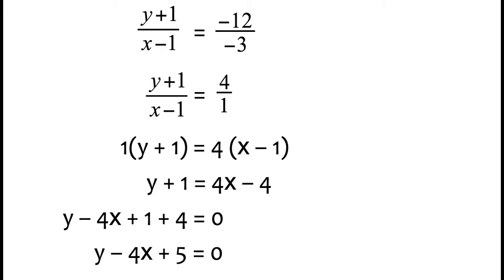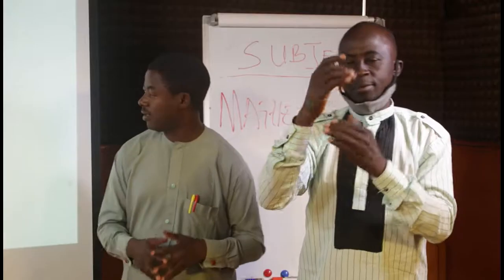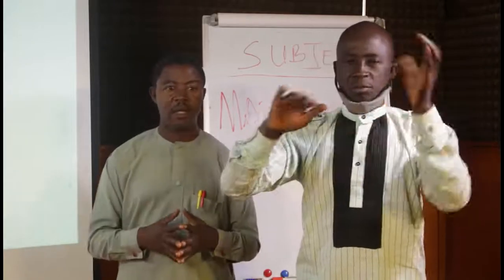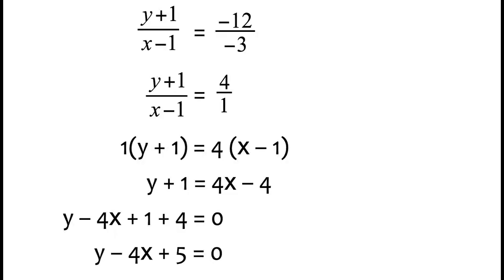Multiplying through by the LCM, or you can cross multiply. We have 1 into y plus 1 equals 4 into x minus 1. Clearing the bracket, we have 1 times y plus 1 times 1 equals 4 times x, 4x, 4 times minus 1, minus 4.